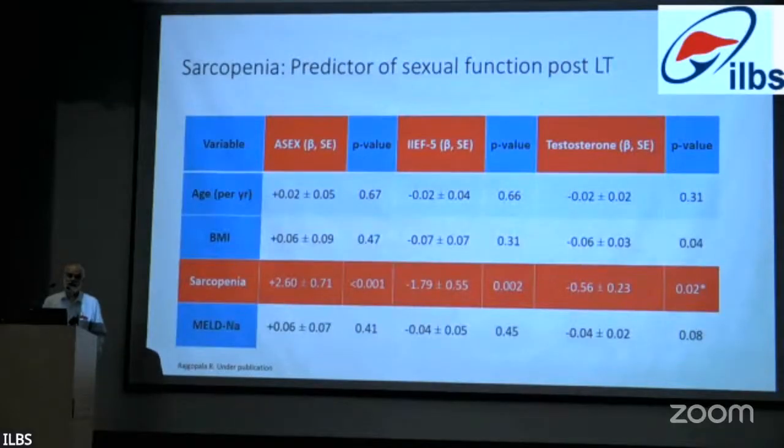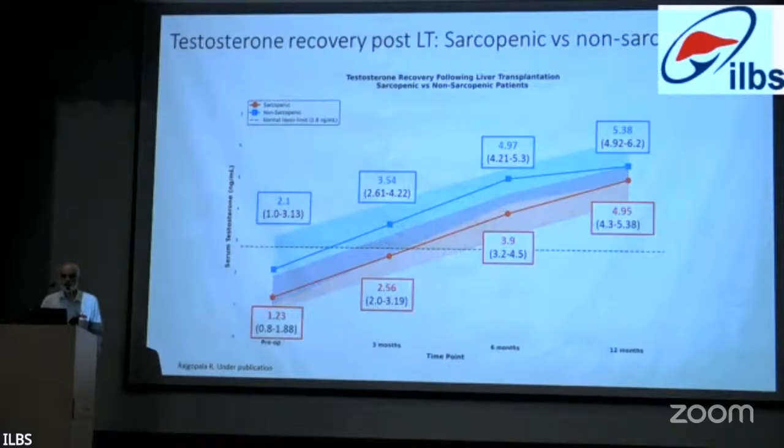Now, sarcopenia came out as an independent predictor of sexual function post-liver transplant, as we can see with a p-value of 0.002. There were other factors like BMI and MELD, which were also important. In sarcopenic patients, testosterone recovery was less as compared to non-sarcopenic patients.